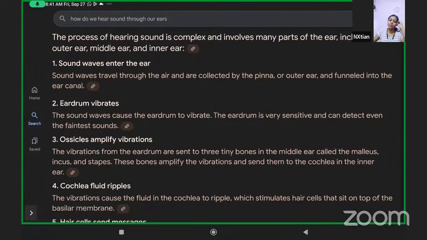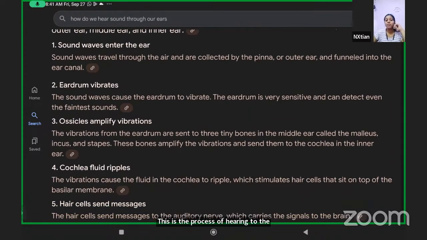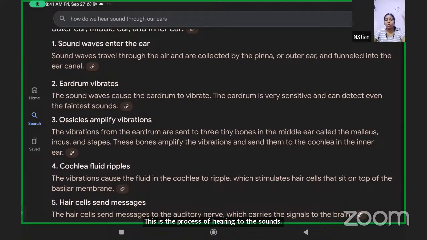This is the process of hearing or listening to sounds. Basically, when an object produces sound, it travels in the form of sound waves through the medium, be it solid, liquid, or gas.